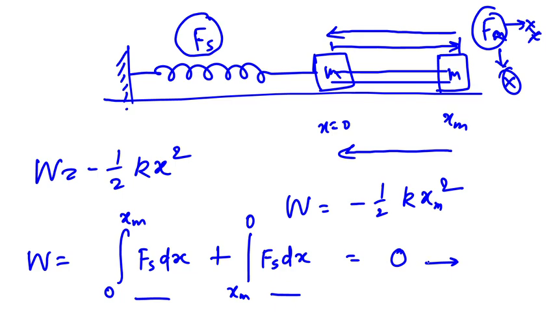So what is happening on a round trip, means starting from x equals to 0 and coming back to the same situation, the total work done is 0. And this happens in case of a conservative force. That is, spring force is a type of conservative force here. The work done is going to be 0 in a round trip.